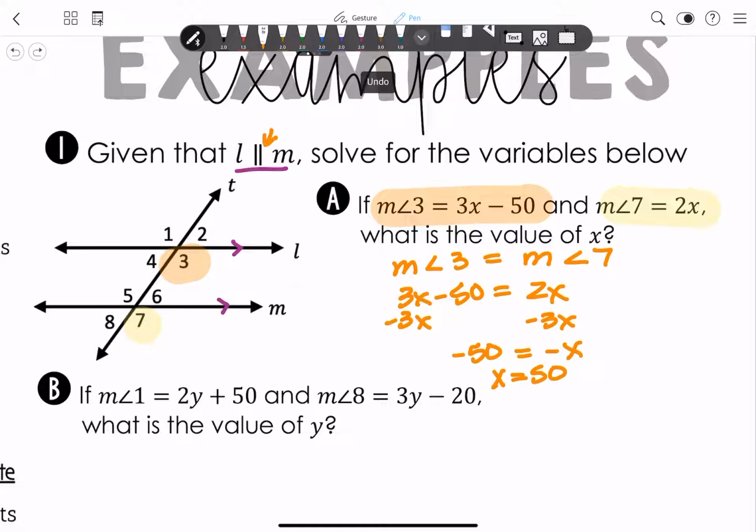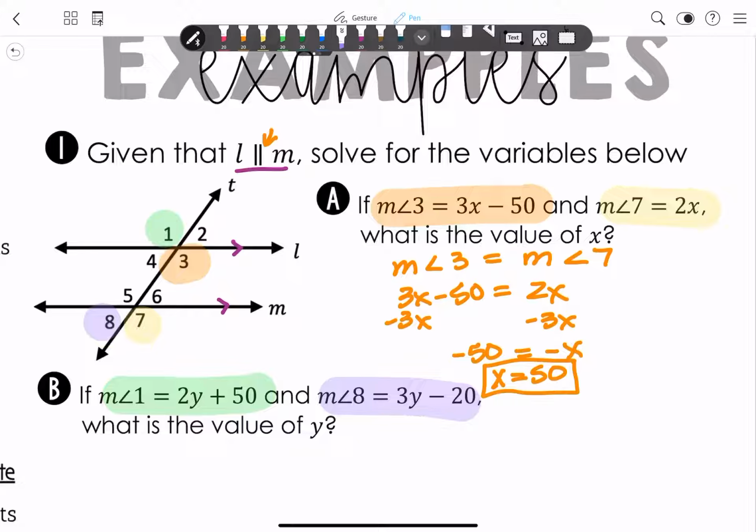All right, now we're going to use that same strategy for B. All right, now we've got the measures of angle 1, which is 2y plus 50, and the measure of angle 8, which is 3y minus 20. Well, we're going to have to think about this.